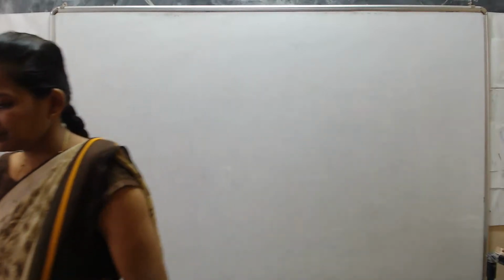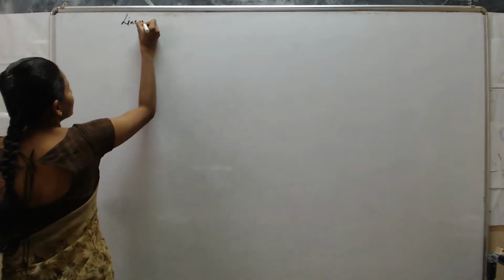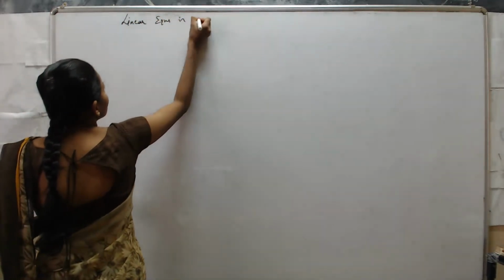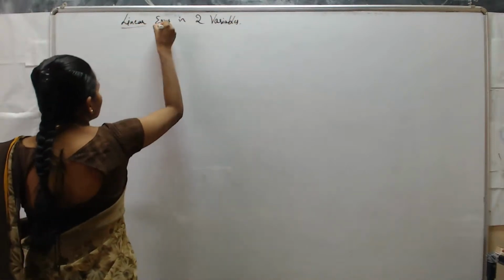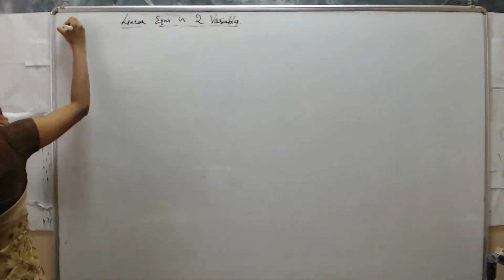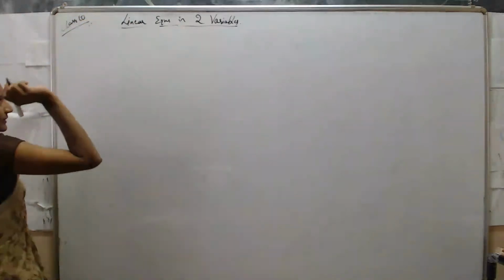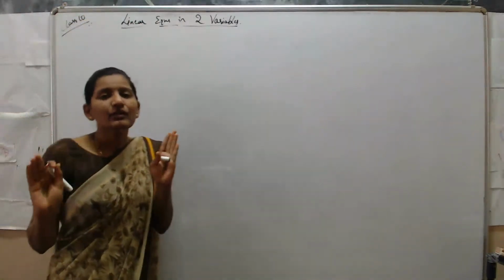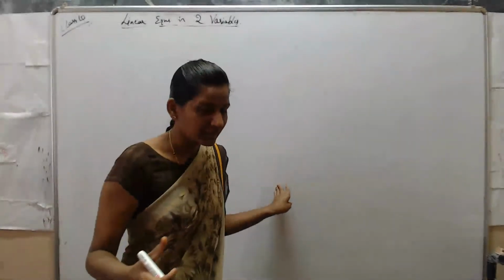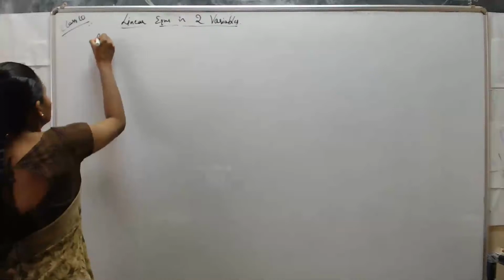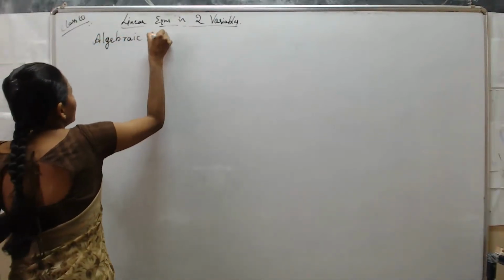First one is the substitution method. Linear equations in two variables, this is the chapter name, class 10. No need to write the exercise. Till now we discussed the graphical method. Now we are going to discuss the algebraic methods to solve x and y.